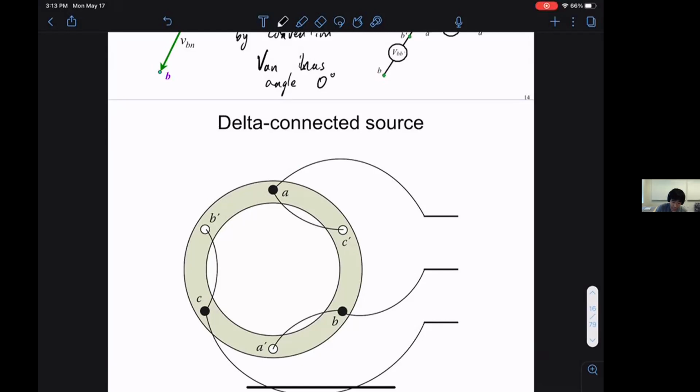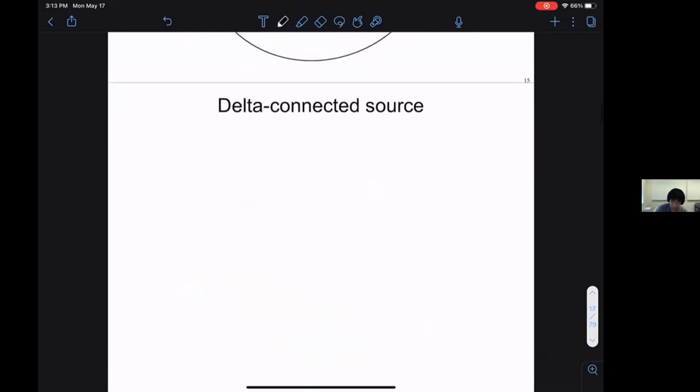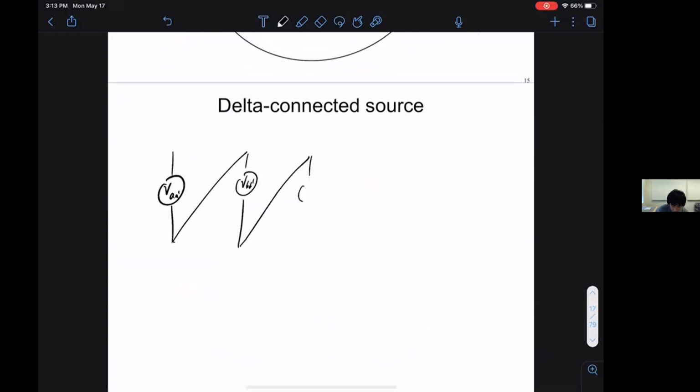And then if you draw the electric diagram, we have a generator that's A prime. This N is tied to B prime. This N is tied to C prime. And these two ends are tied together.